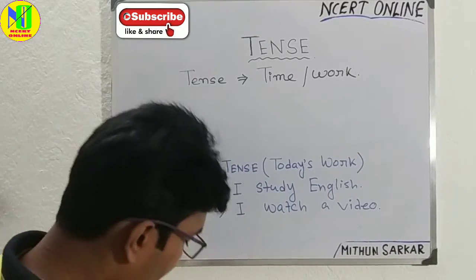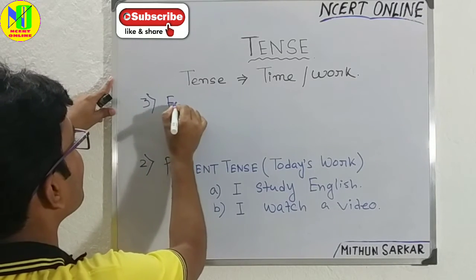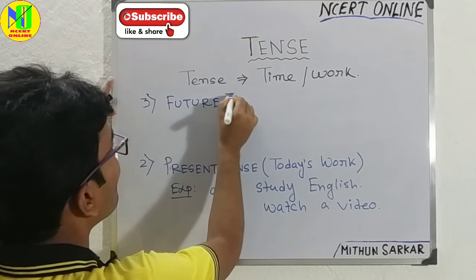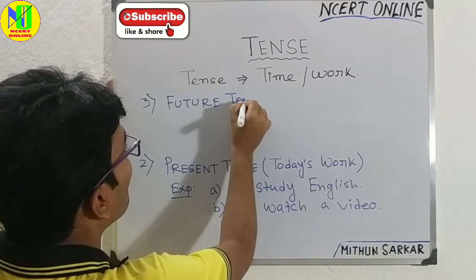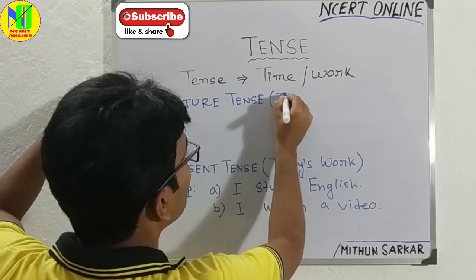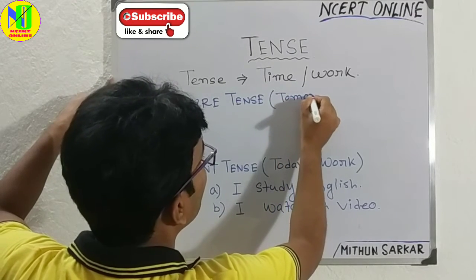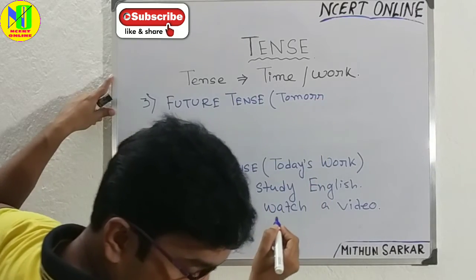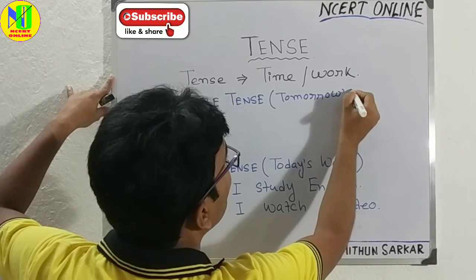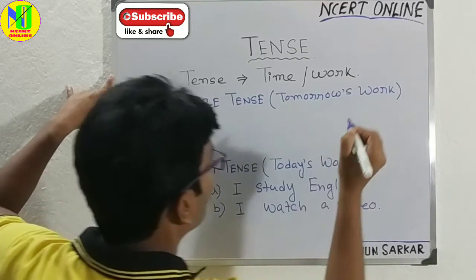Number 3 is future tense. Future tense means tomorrow's work.